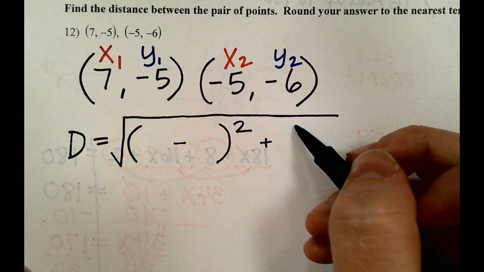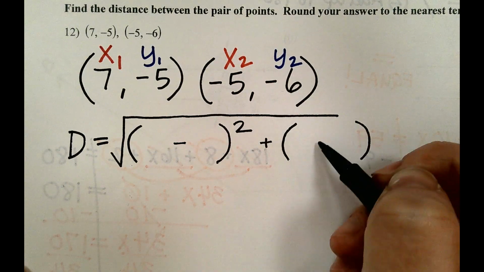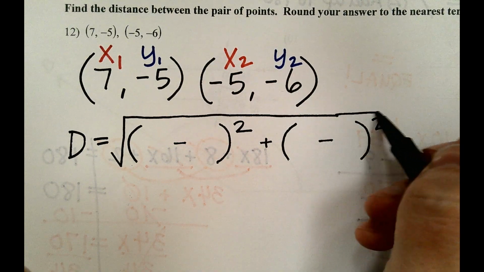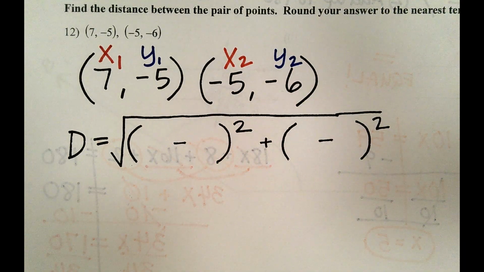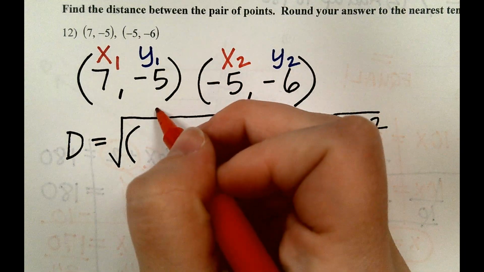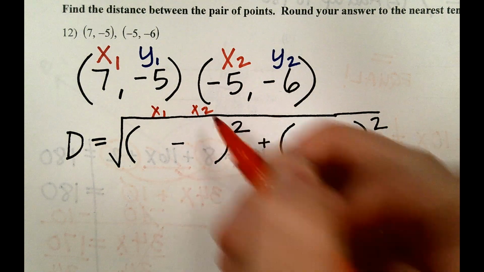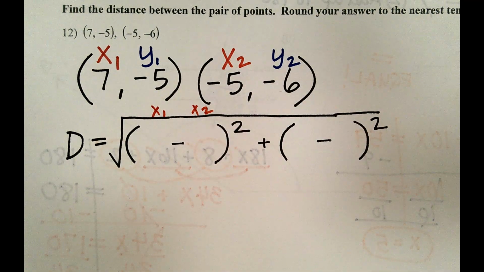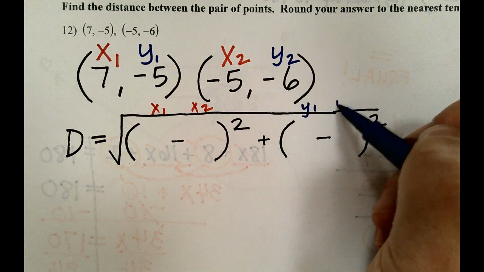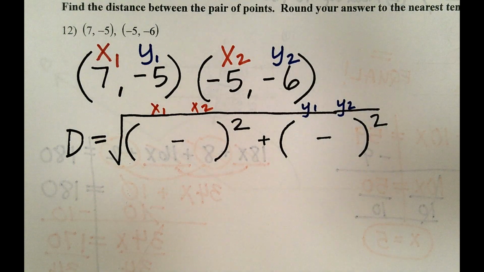I'm going to add 2 other numbers subtracted, squared. Remember, we're putting in here x1, x2. So once you have this, just need to decide what goes where.